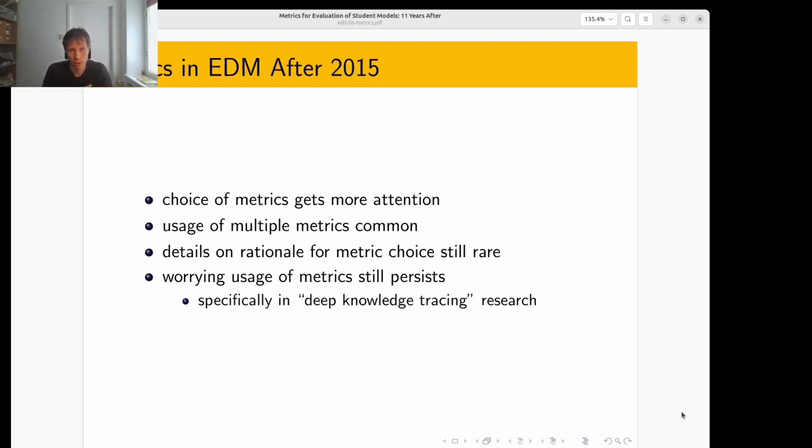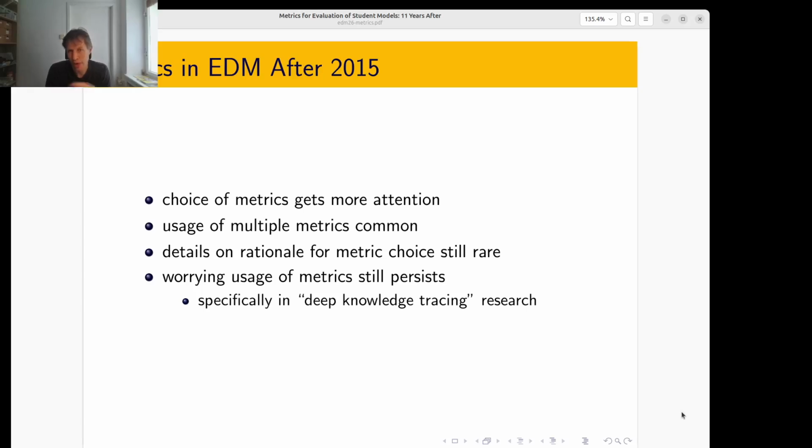So, to conclude, I would like to offer some comments on the progress of the field after the publication of the paper in 2015. These are clearly subjective notes, how I see it. My impression is that the choice of metrics now gets more attention than before. For example, it's more common, I think, to see usage of multiple metrics, not just one of them.